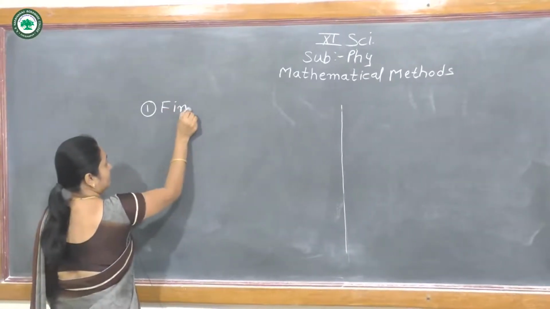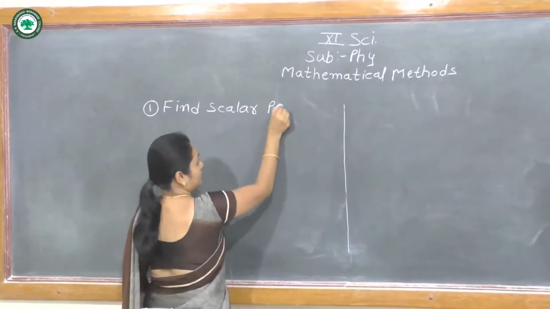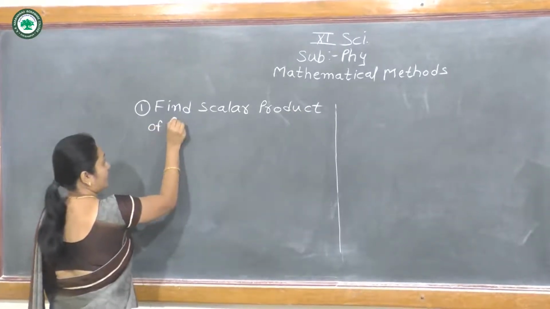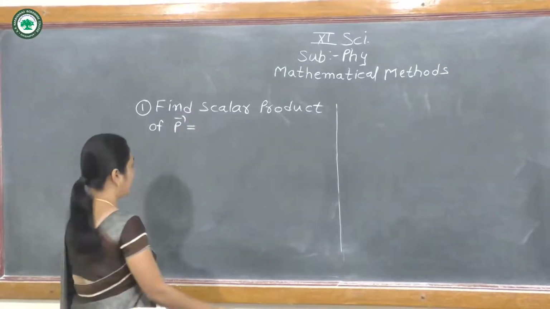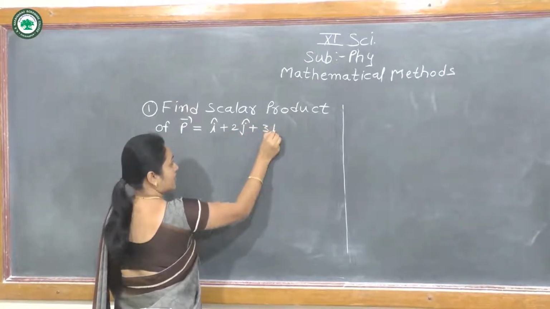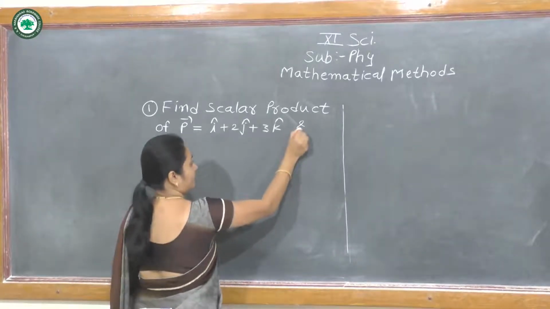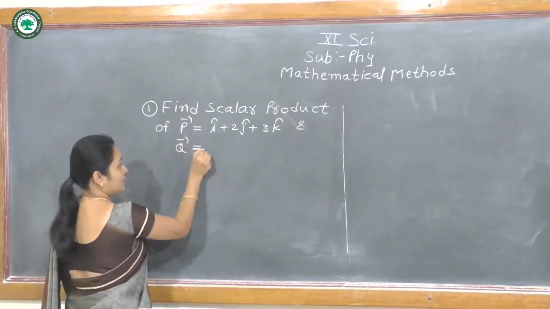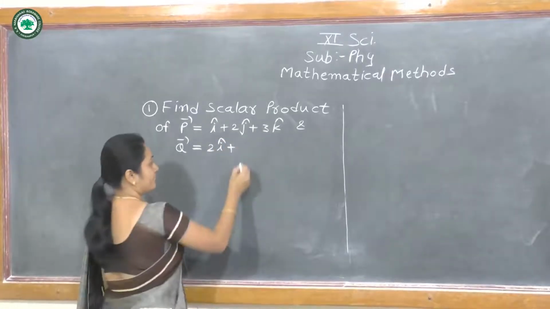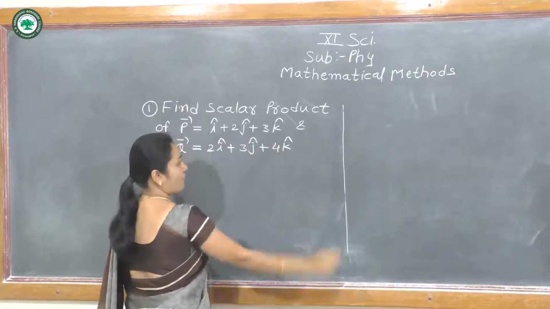Find the scalar product of vector P bar equal to i cap plus 2j cap plus 3k cap and vector Q bar equal to 2i cap plus 3j cap plus 4k cap.